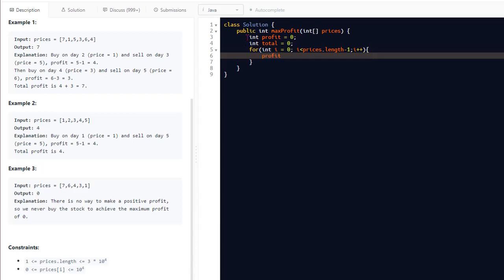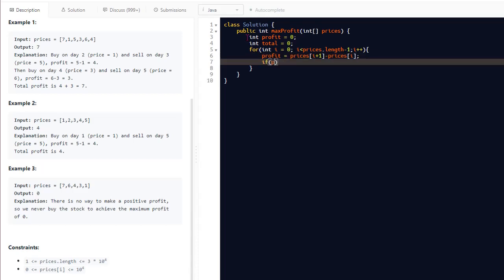So we want to check what the profit is, and we're going to do that by comparing the price that we sell at, so the price of the next day, with the price of the previous day. And if that's greater than 0, that means we made a profit.